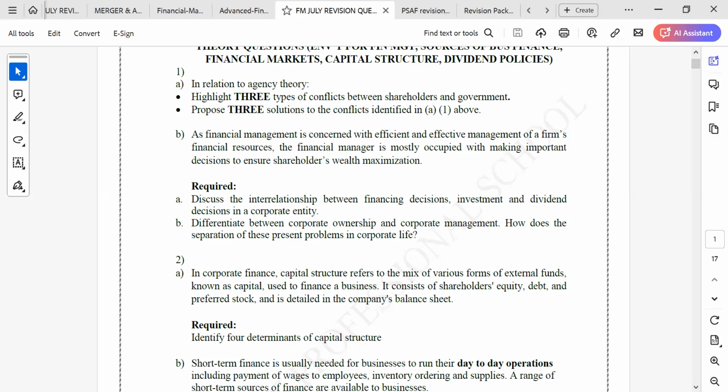So corporate ownership has to do with you having a shareholding in a particular company, or you being part of the owners of a company. It has to do with the right to the ownership of a particular entity.